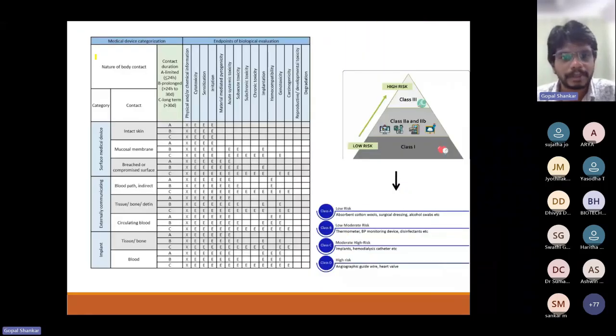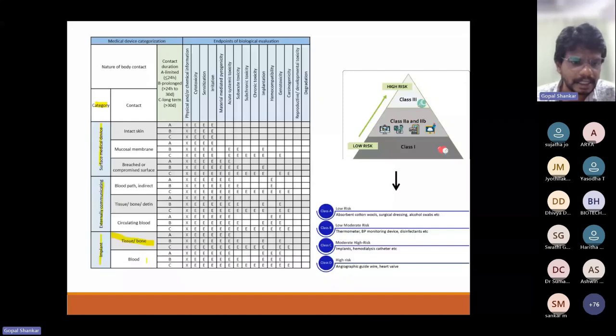So when you talk about these biological endpoint evaluations, there are a number of studies. You see here, these are the biological endpoints. And on the left-hand side, you have something called categories. This is a medical surface device, externally communicating device, and implants. Under implant, you have a bone or tissue implant and blood interacting implants.